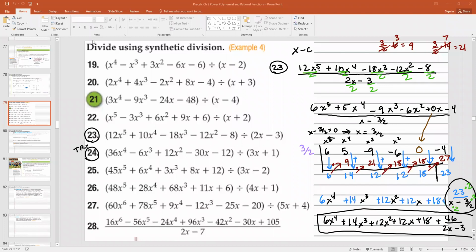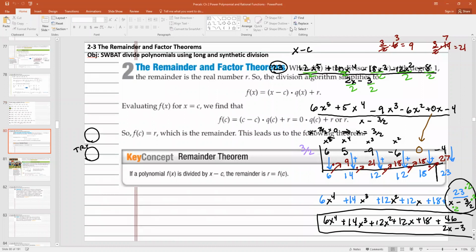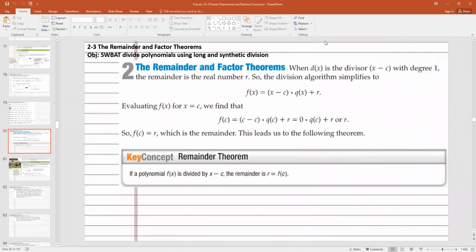All right, so let's do this. Put this in the notes first. All right, so now we're going to talk about the remainder theorem. The remainder theorem states that if polynomial f of x is divided by x minus c, then the remainder is f of c.